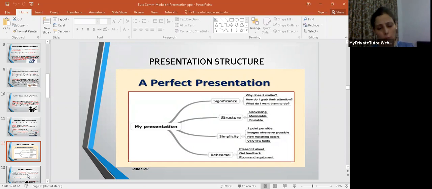It should not be fully text oriented and jam packed. Use bullet points, a few matching colors, and very few fonts. No fancy fonts. Then rehearsal: present it aloud and get feedback.